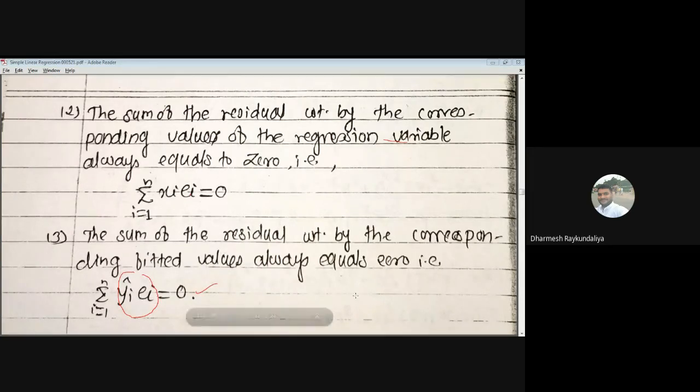So what you have learned: first, summation ei is always 0 when the model is with intercept. Second, summation yi equals summation yi cap. Third, summation xi ei is always 0. Fourth, summation yi cap ei is always 0.